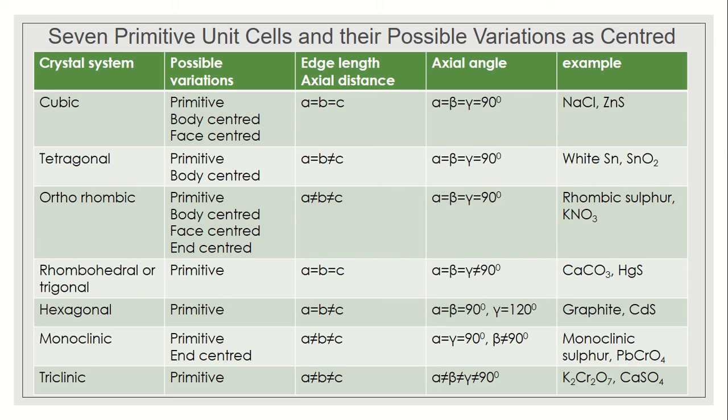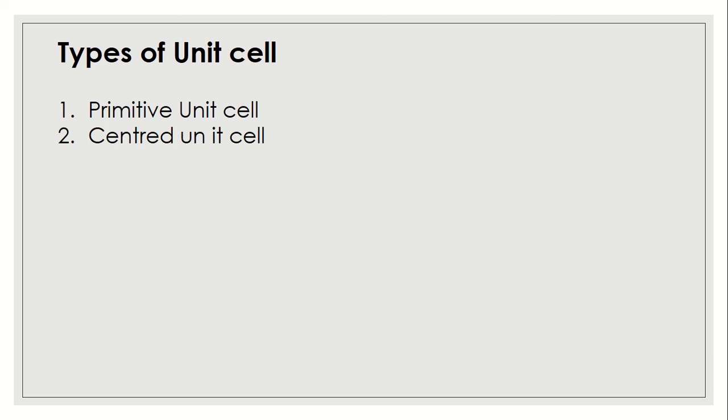A is not equal to B and which is not equal to C. Alpha is not equal to beta and beta is not equal to gamma, which is not equal to 90 degrees, which is not perpendicular also. So examples, potassium dichromate, calcium sulfate. Now let us see the types of unit cells.